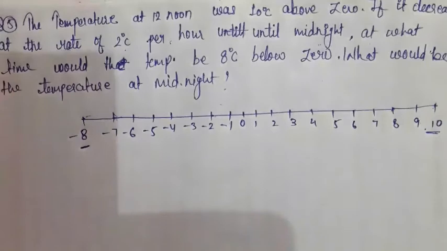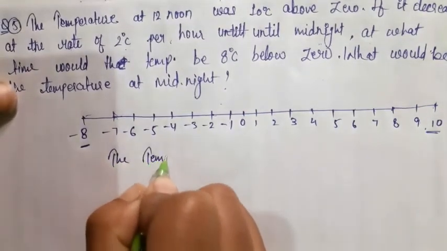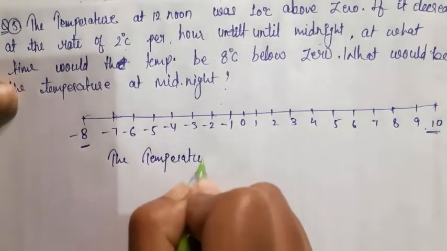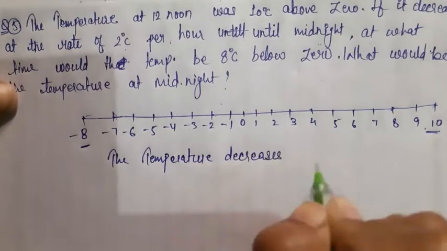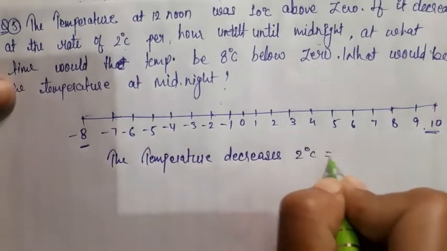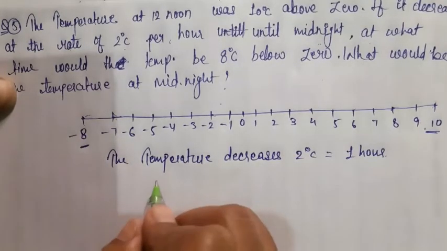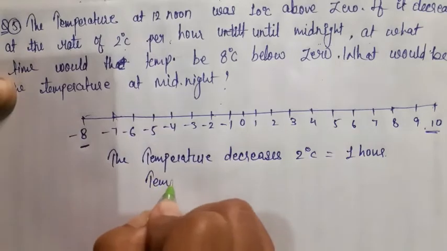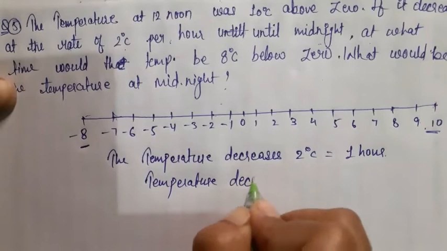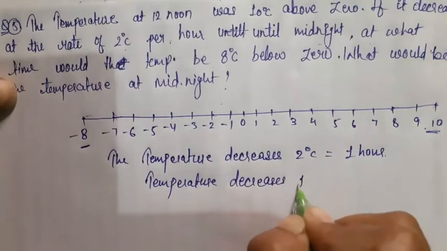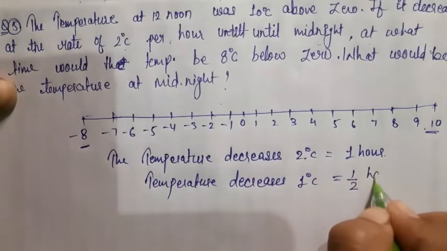Now the temperature decreases 2 degrees Celsius in 1 hour. Now the temperature decreases 1 degree Celsius in 1/2 hour.